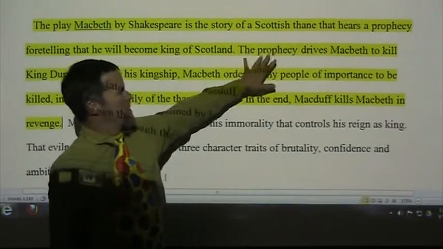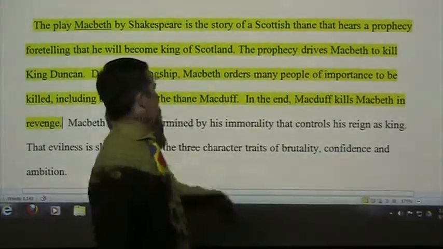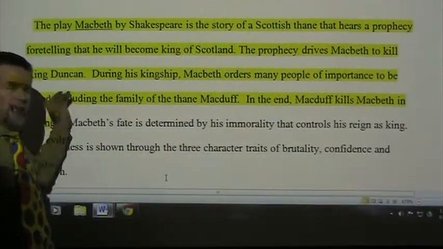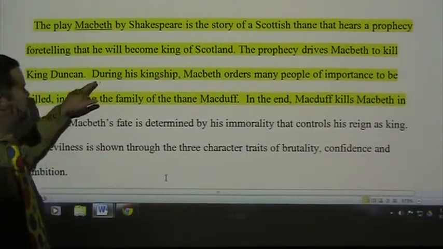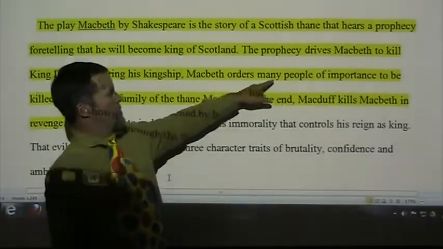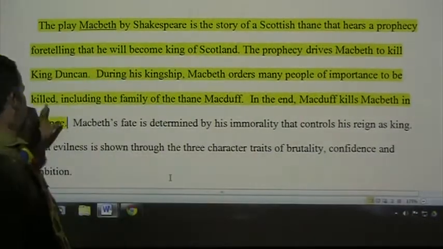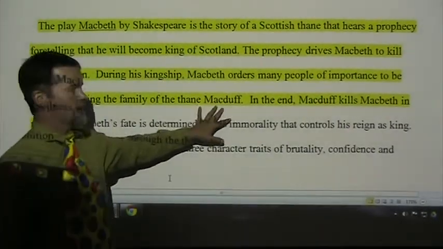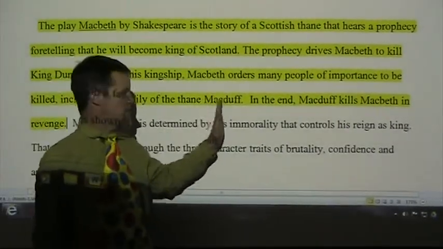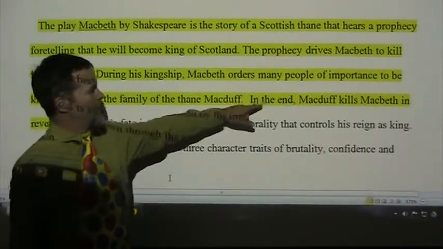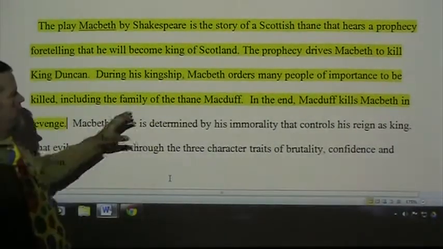Then it carries on, the prophecy then drives Macbeth to kill King Duncan. That's plot summary. During his kingship, Macbeth orders many people of importance to be killed, including the family of the thane Macduff. That too is plot summary. In the end, Macduff kills Macbeth in revenge.